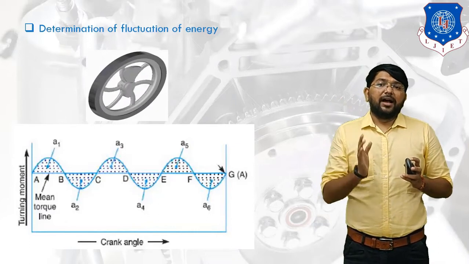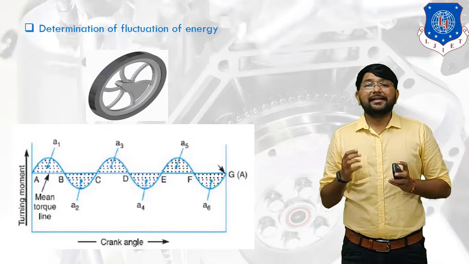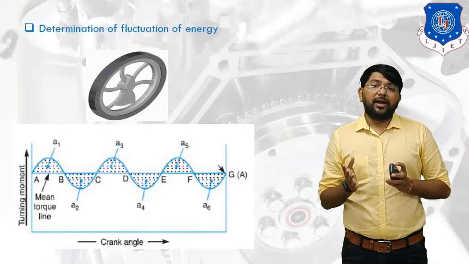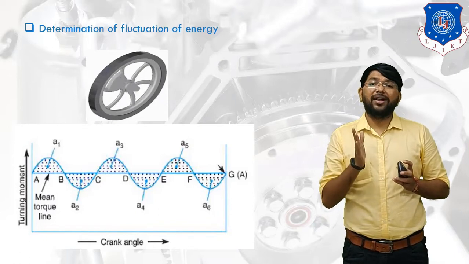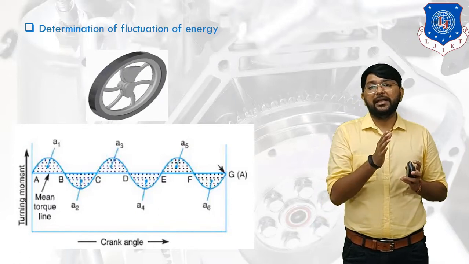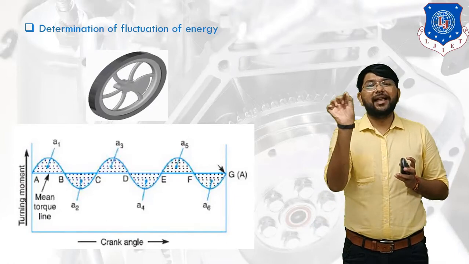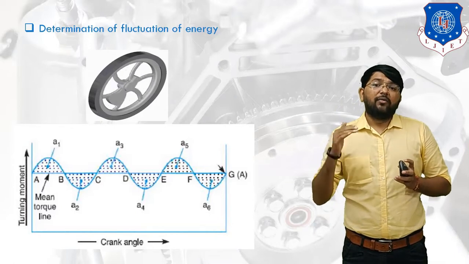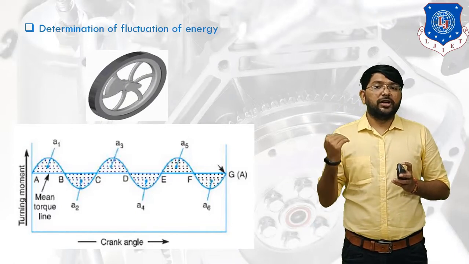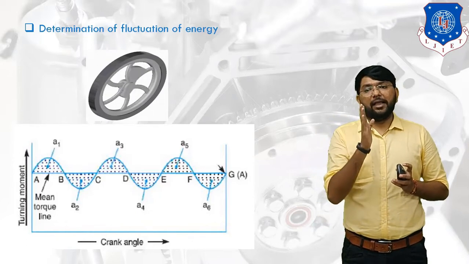Now we assume the energy at point A is capital E. What is the energy at point B? Between A and B there is one positive loop with area a1, so the flywheel gains energy, and the energy at point B is E plus a1.